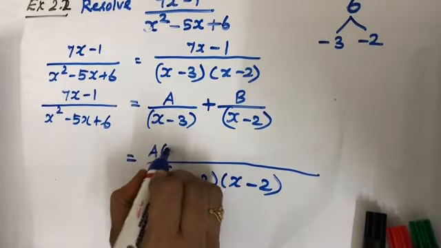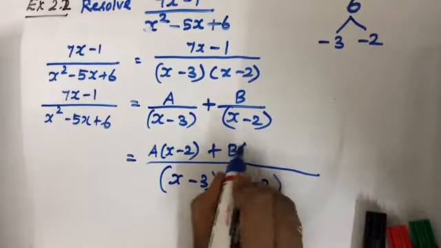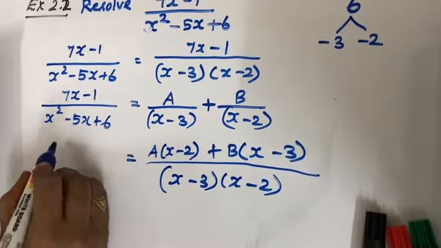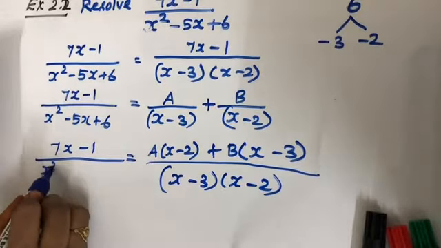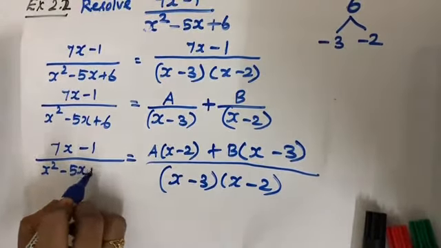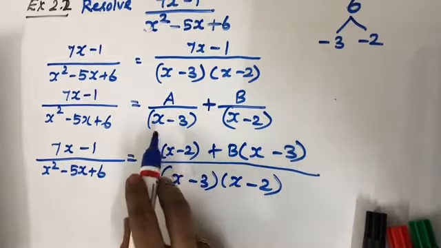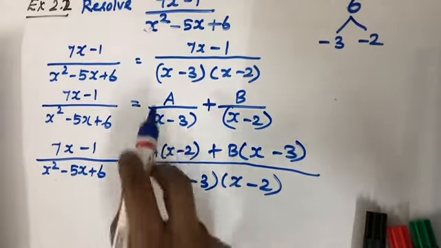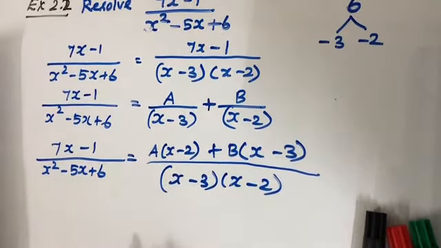So A into x minus 2 plus, here you have to multiply with x minus 3. Here it is 7x minus 1 divided by x square minus 5x plus 6. So now I took the LCM, x minus 3 into x minus 2. On the numerator it is A into x minus 2 plus B into x minus 3.